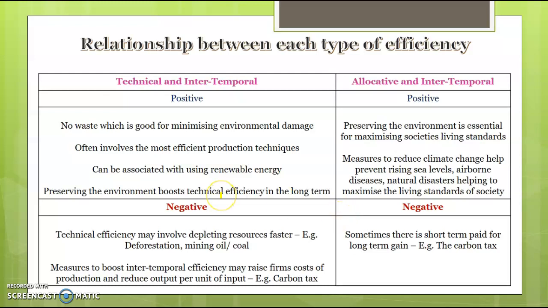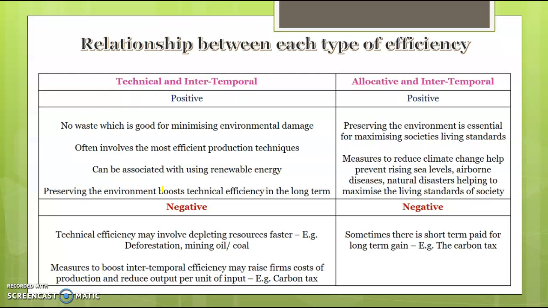On the flip side, being intertemporally efficient is good for technical efficiency because often by preserving the environment, that can help make us more productive in the future. So, for example, it can keep land fertile, and if we're reducing incidents of natural disasters, that can make us more productive in the long term because we have less disruptions. So that's a benefit for intertemporal, for technical.